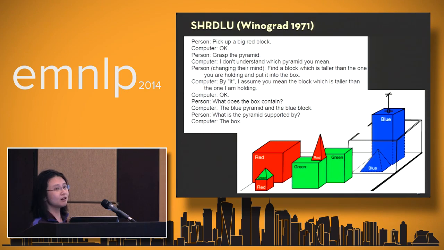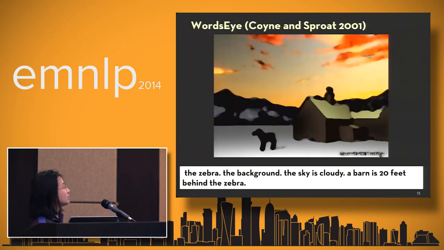And the system had a lot of prior knowledge about the shapes, colors, and even physical support and containment of these objects. And you could do interesting things with the computer. If you referred to, for instance, the grasp of the pyramid, the system would actually ask you to disambiguate which pyramid you meant.